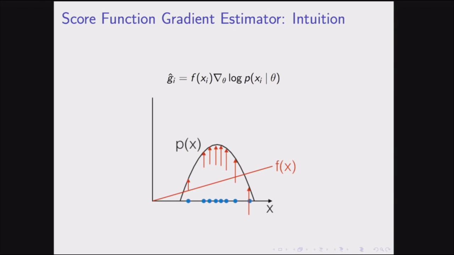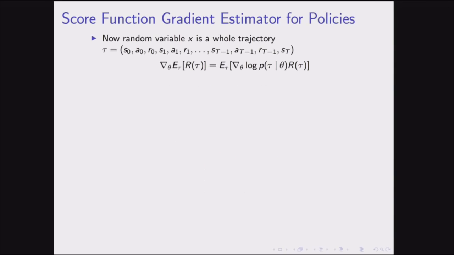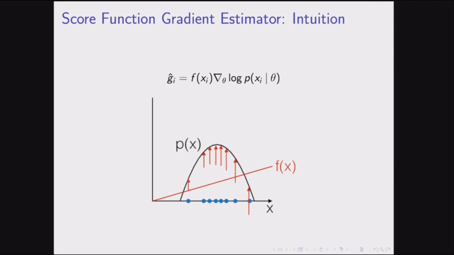Over on the right side of the curve, that means we're trying to push that probability value up really hard. And on the left side, we're pushing it up softly. So what's going to happen is the probability density is going to slide to the right, if you can imagine a sort of physical analogy there.